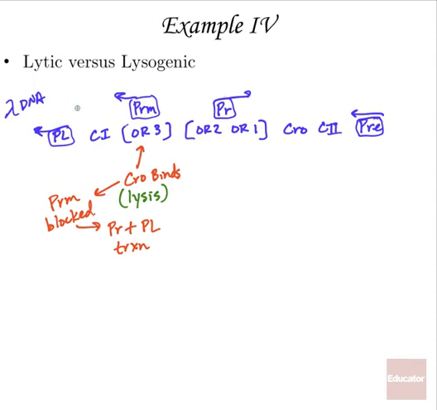Now, C1, a protein that can be made from this DNA sequence, will bind, let's draw in a different color, to this sequence. If C1 binds, the PR promoter is blocked, and we will have PRM being the one that is transcribing.